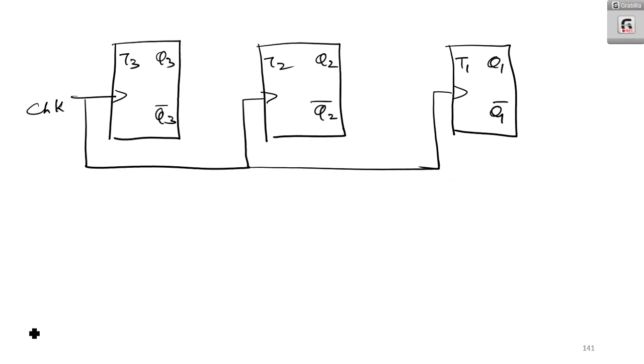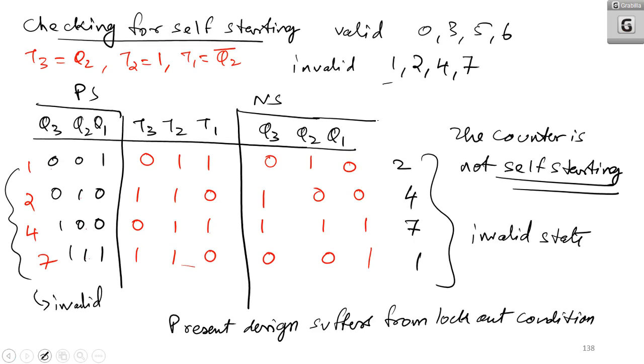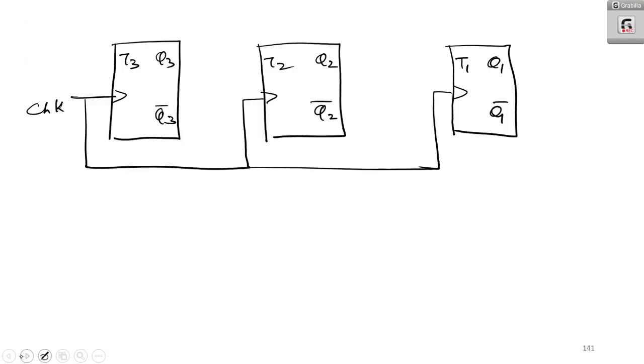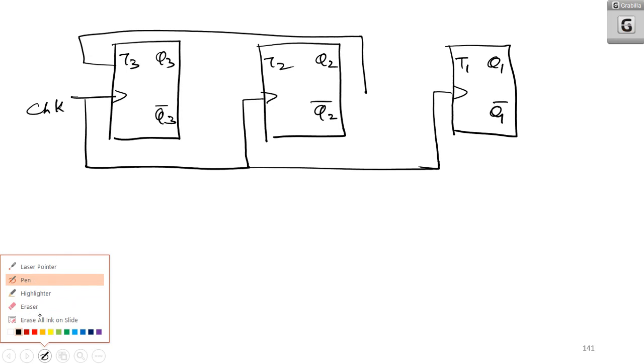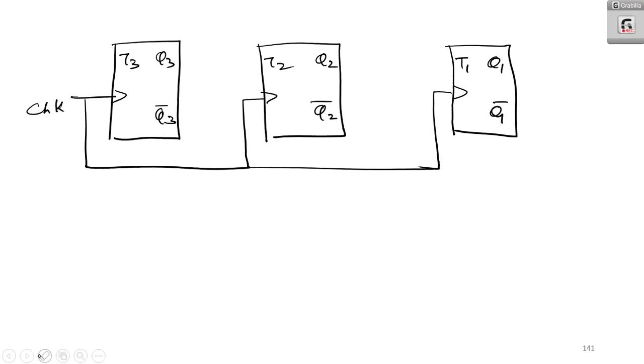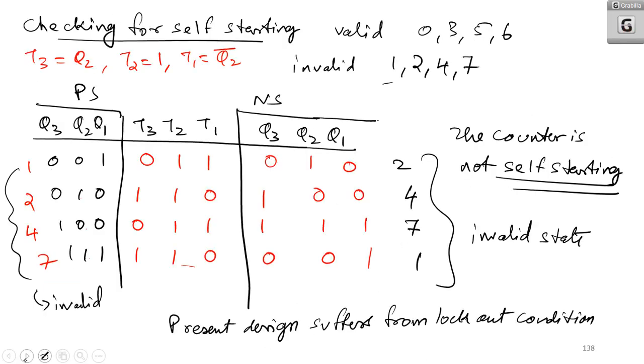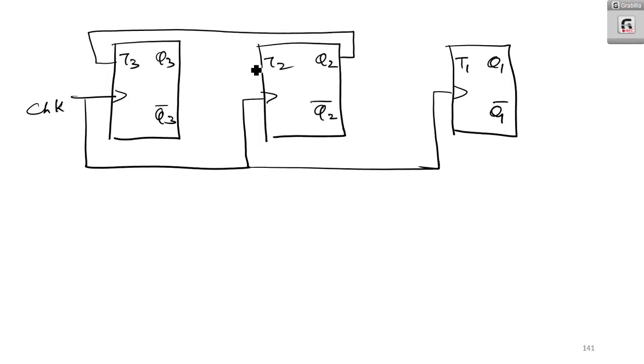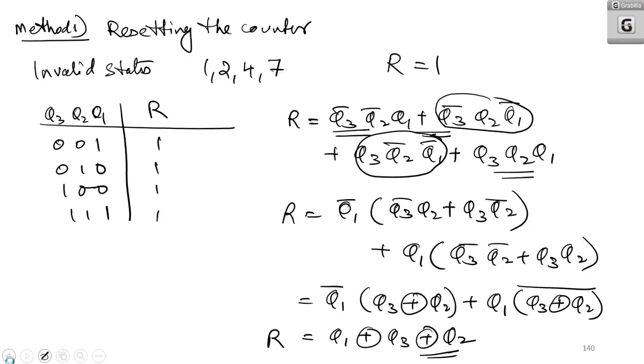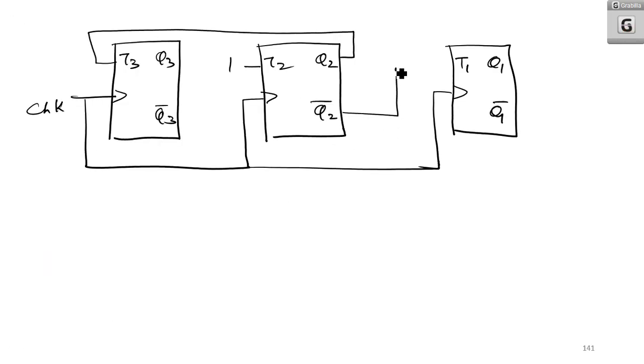Now what is T3? T3 is Q2. Then T2 is 1. And what is T1? T1 is Q2 bar.